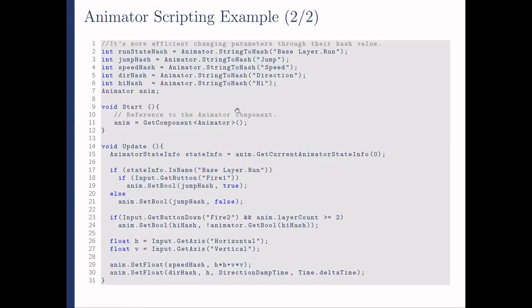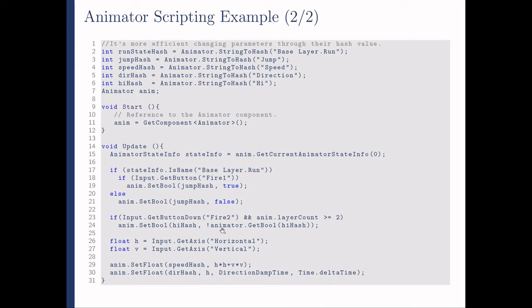The jump hash is the parameter jump over here, right? If you are not in running, this should never be true, because we only want to set this jump hash trigger to true when you are in running and pressing the button Fire1. So when the state machine is not in the state run, we can just set this to false.